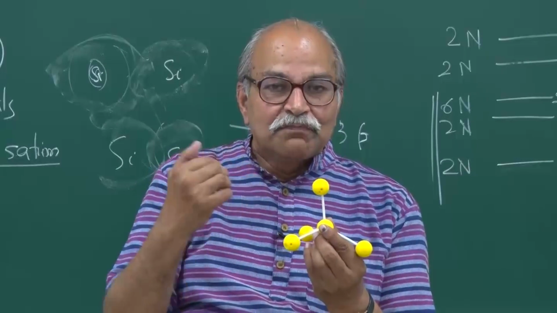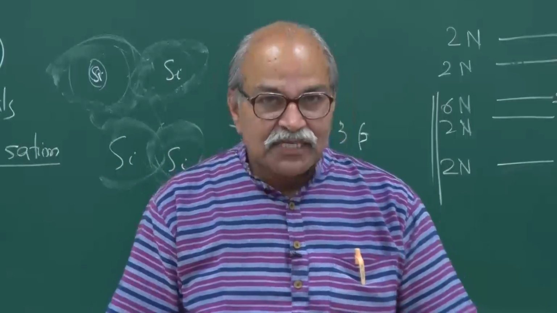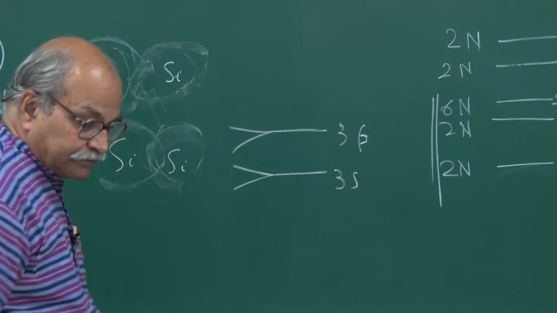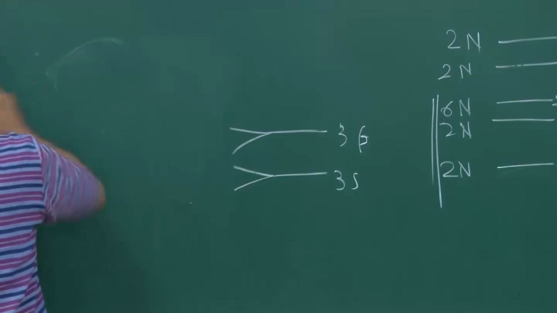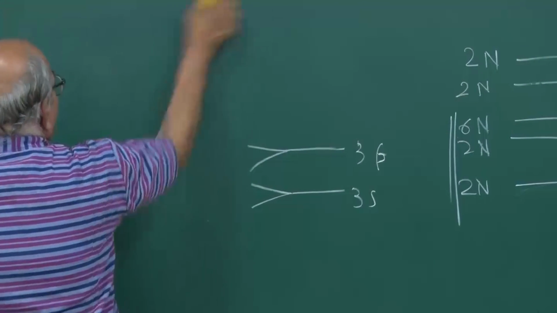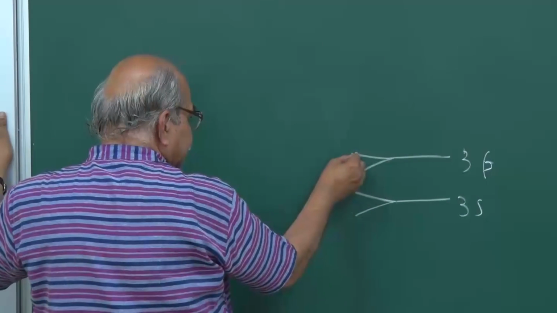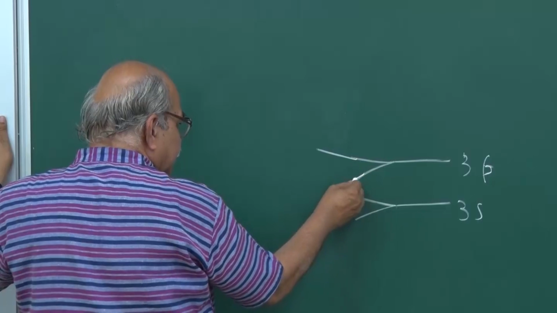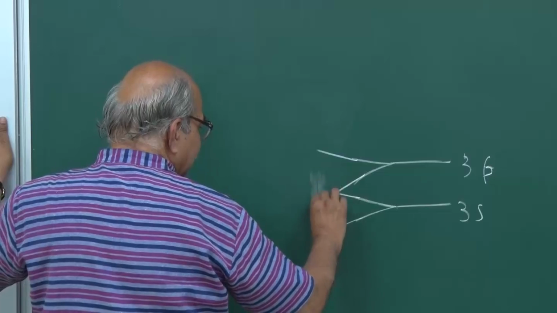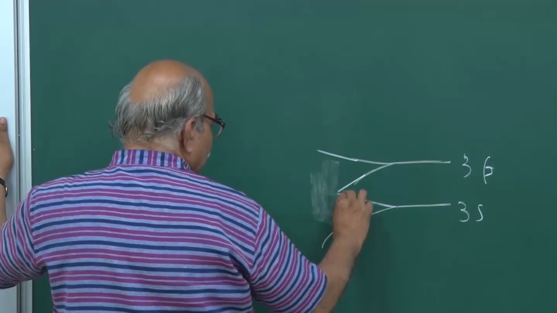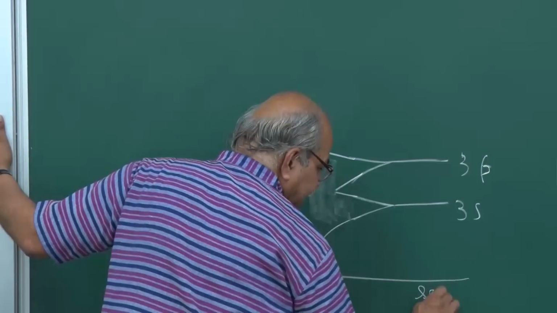So now the band structure will also be different. As you reduce the average separation between the atoms, this first broadens, gets mixed up. Now here you don't have any separation, but this is not the right separation.